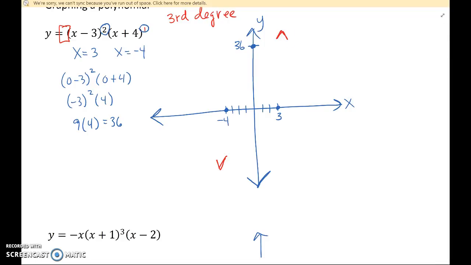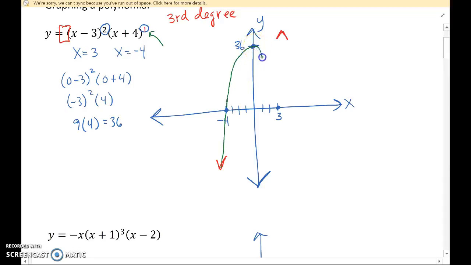And so as we go to sketch a graph of this, we want to figure out what is it doing at -4. Well, when you look at this exponent here of 1, you recognize that it crosses the x-axis. So we come up and we cross at -4. This is a sketch, so we don't really know if we're going to go above 36 or just that 36 is the highest point. The most important thing is that we note that it crosses at 36.